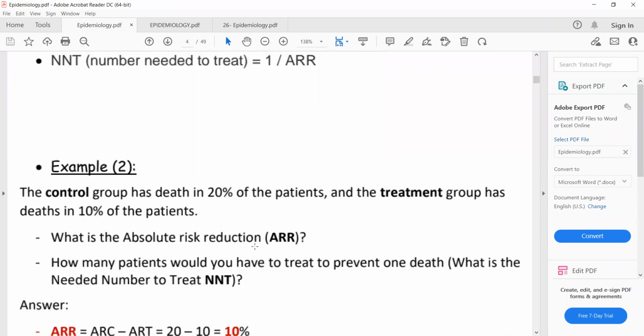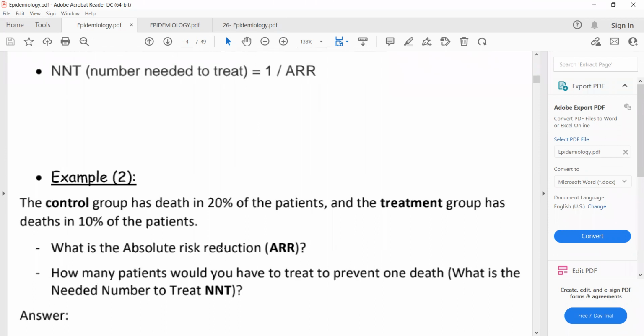Example 2. Now we have two groups. One is the control group and the other is the treatment group. The control group has a death in 20% of the patients and the treatment group has a death in 10% of the patients. What is the absolute risk reduction?